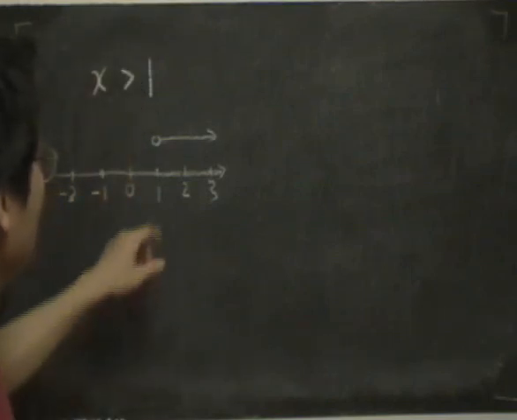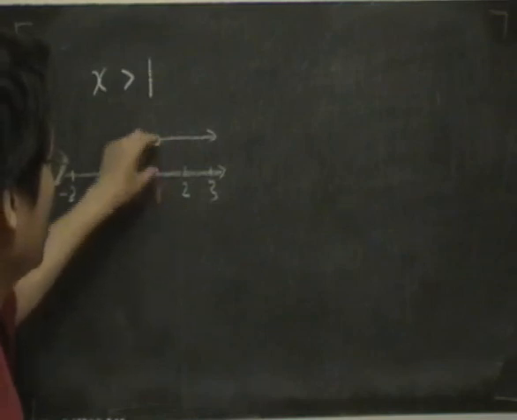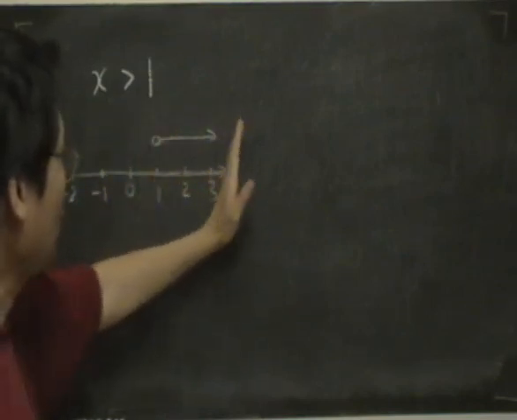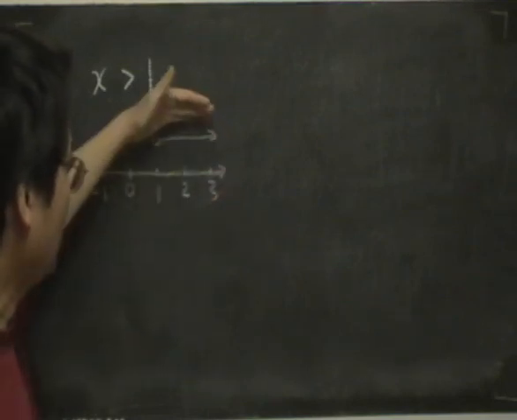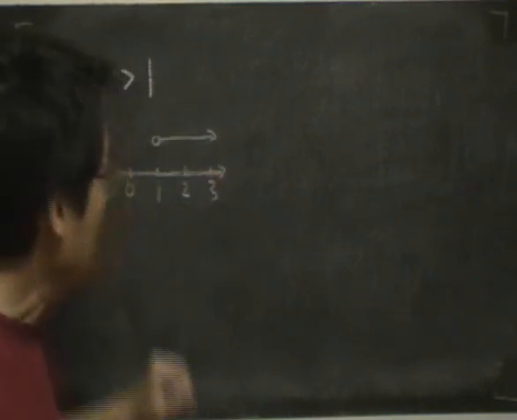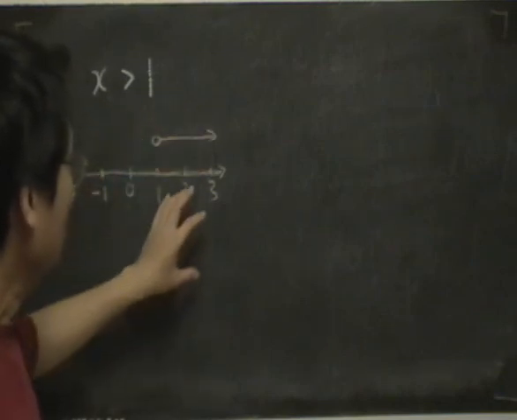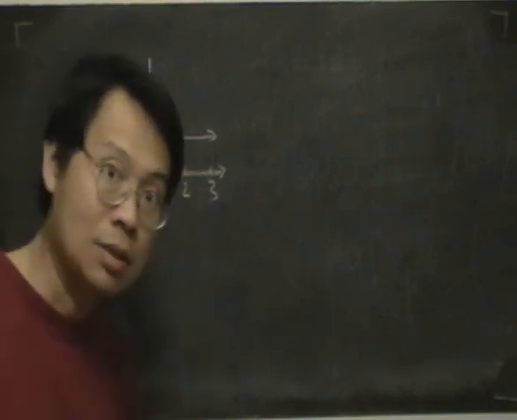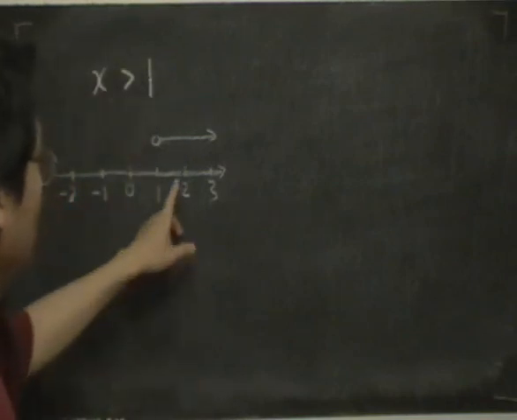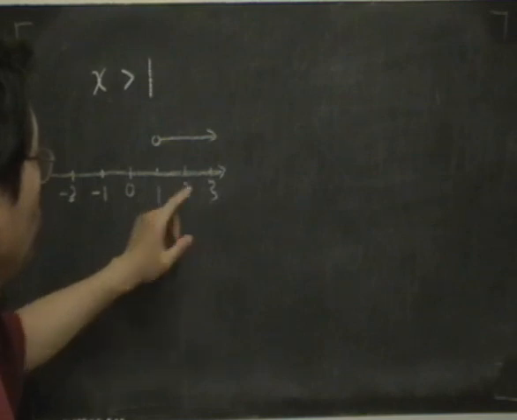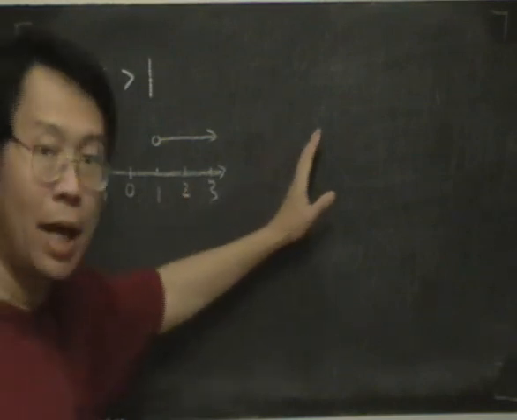So what that means is that the numbers which are covered by this line are the possible values of x, like 2 or 3 or 1.5 or 10.